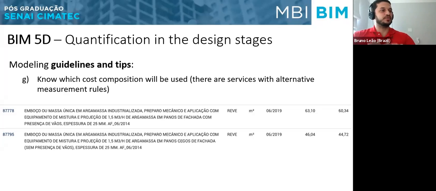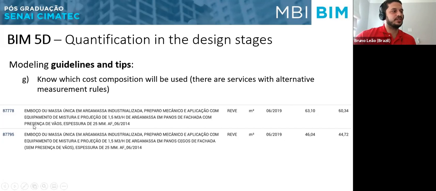Another point that I have already presented here is that we have to know the composition cost that will be used, since there are services with alternative measurement rules. So I showed once, I think it was in our last meeting, this kind of service that only had one difference. It's the presence of openings for windows in its execution.